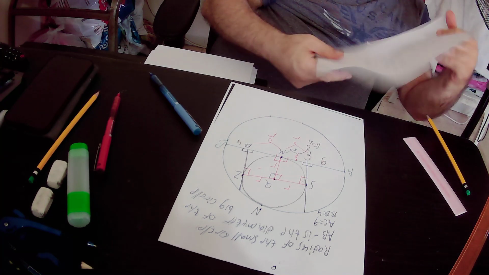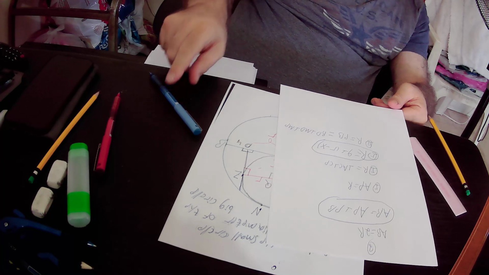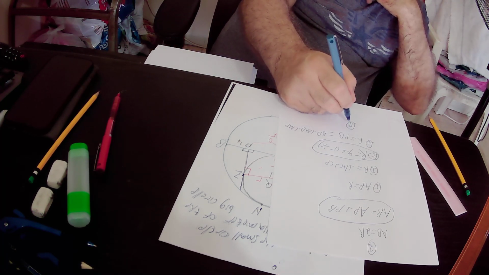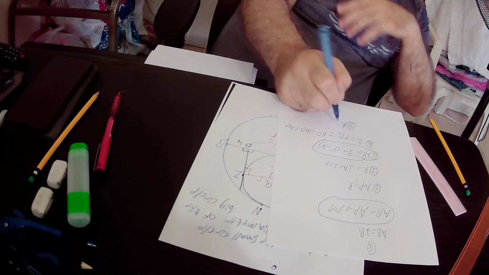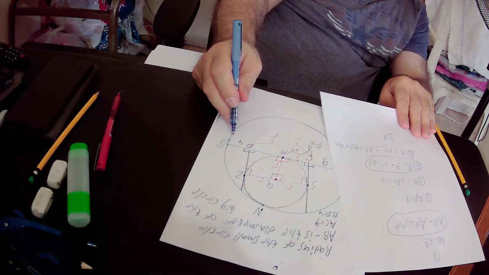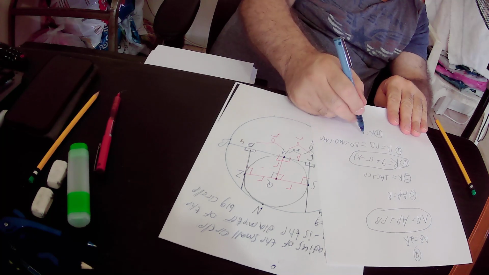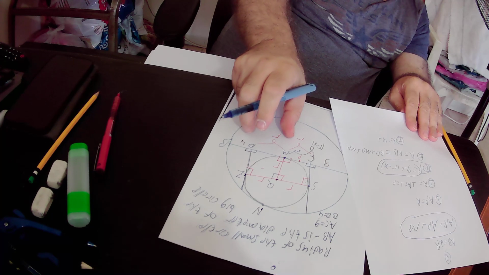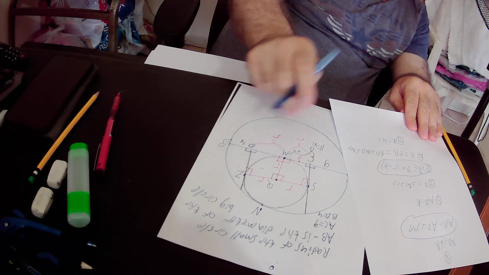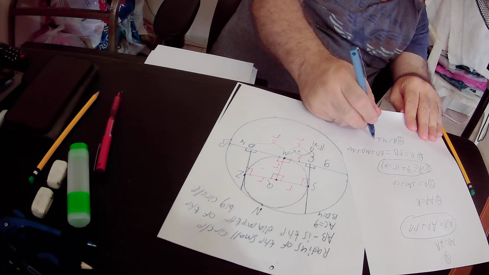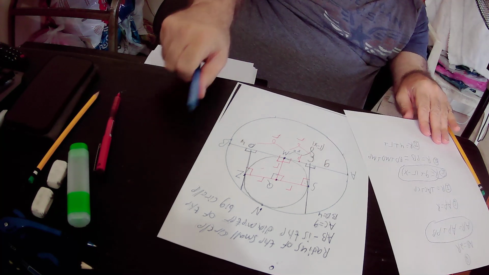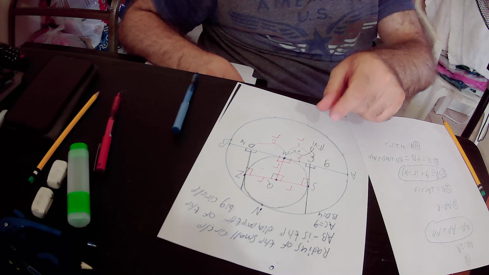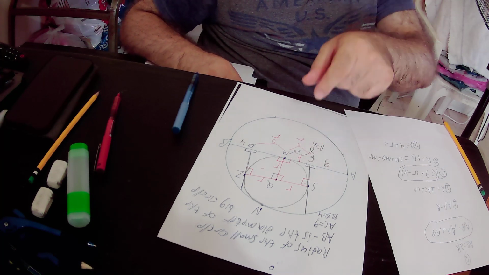Okay, so actually the radius of the circle, capital R, equals BD plus MD plus MP. BD equals 4 units, and MD is the radius of the small circle, small r, and MP is x.